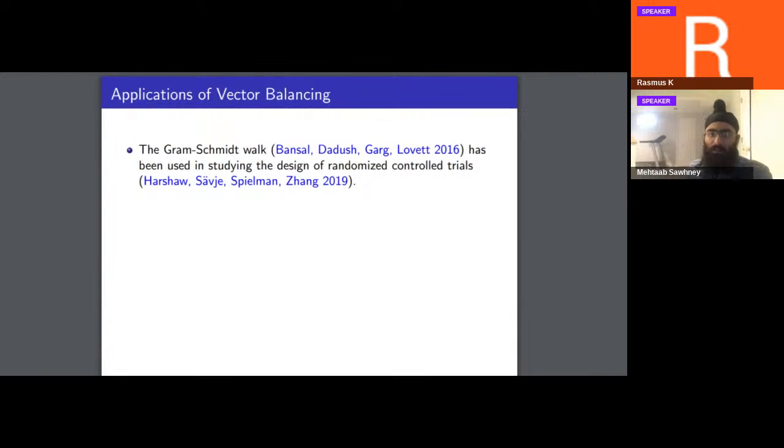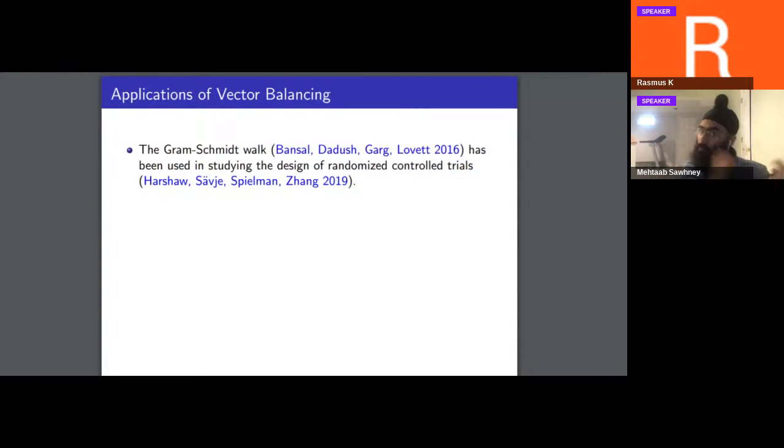This may seem like an isolated problem, but there have been quite a few applications of vector balancing in general. One particularly beautiful recent work of Harsha, Spielman, and Zhang used the Gram-Schmidt walk in a much sharper analysis, actually. Improving constant factors is important in the context they're thinking about.